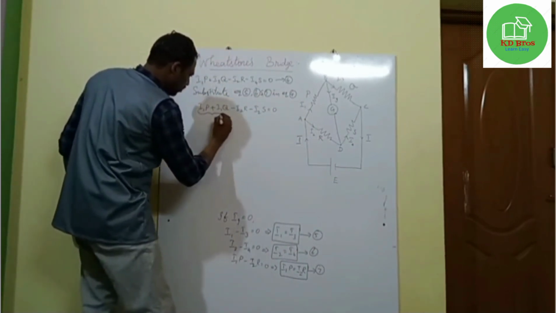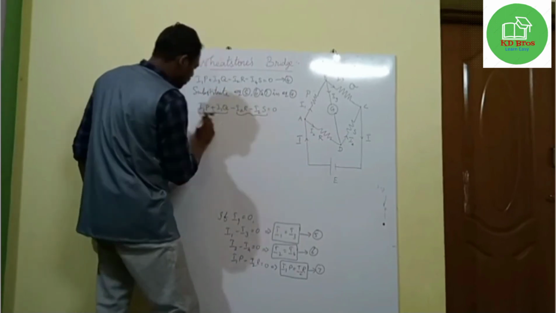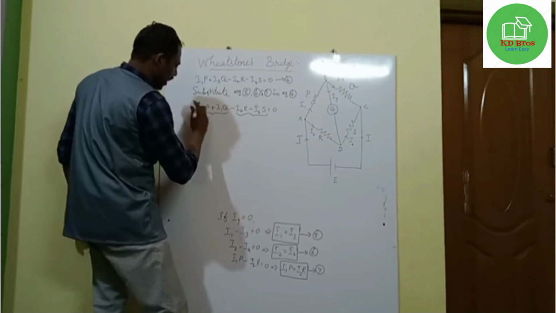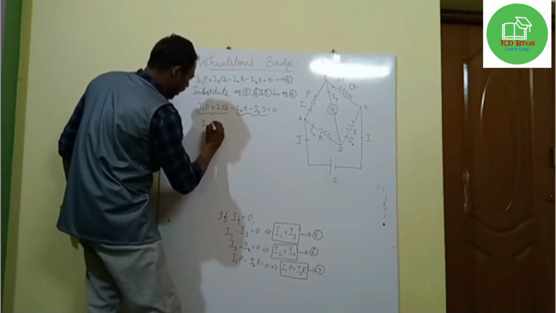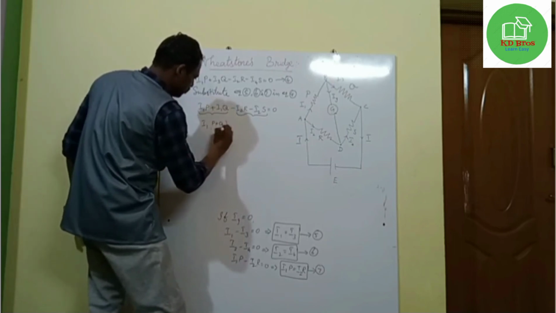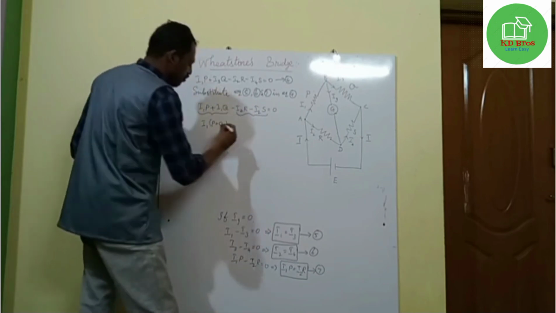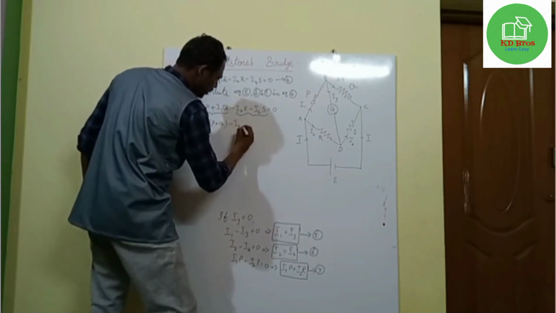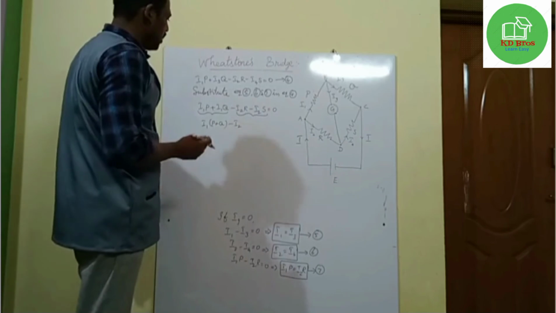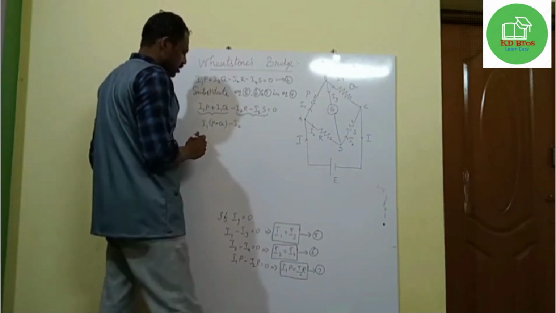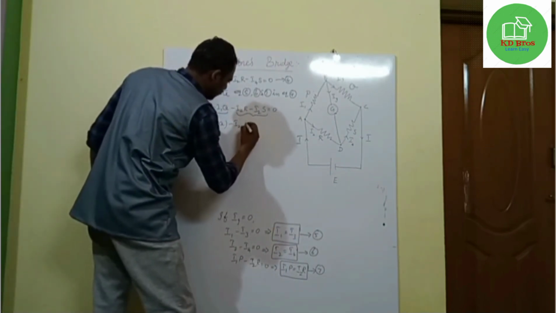Now from the first two terms, we have to take I1 as a common value. So I1 times P plus Q. In the same way here we have to take minus I2 as a common value. What will be the remaining?